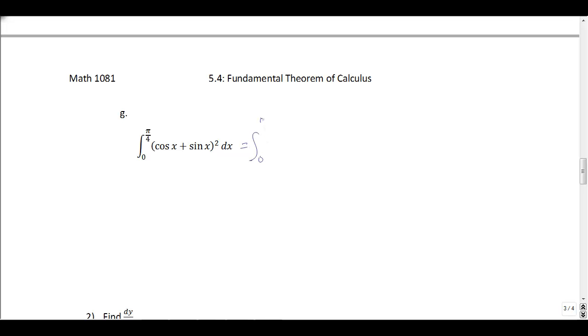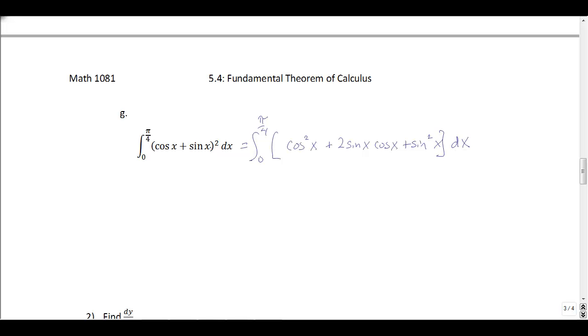So what I'm going to do is I'm just going to square this out. The first thing squared is cosine squared x plus 2 times cosine x times sine x. I'm going to write it as 2 sine x cosine x, and then plus the sine x squared, that's plus sine squared x.